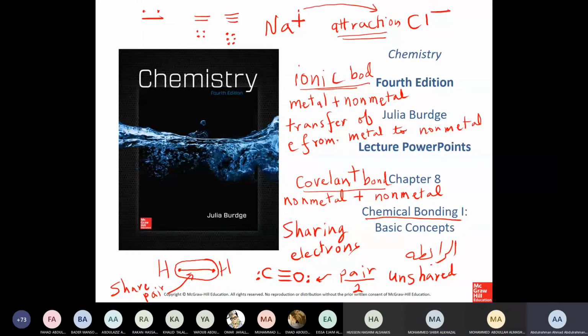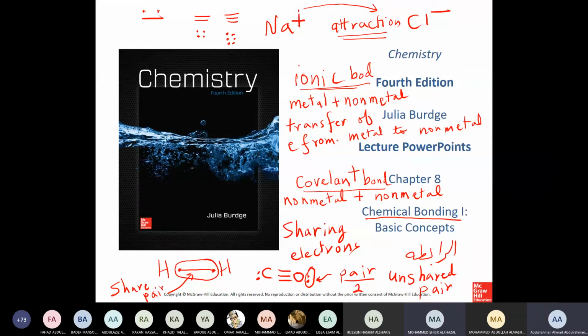When I say unshared pair, what does that mean? They are not used in the bond, and they belong to one atom. So in this case, what do you call this pair?